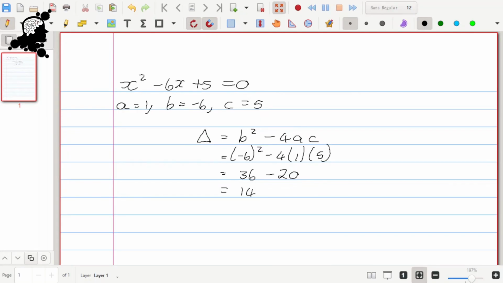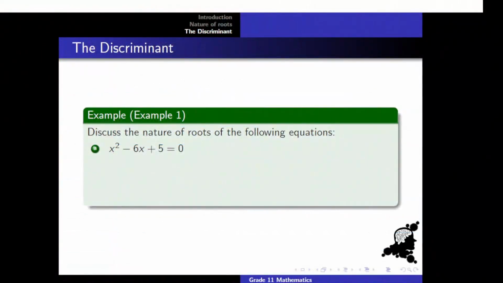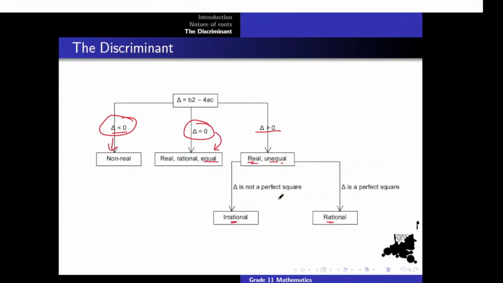Now the question said we need to discuss our nature of roots. Take note that we have a positive number here. So our delta is positive. Our delta is not a perfect square because 14 is not a perfect square. So let's go back to our diagram and actually see what we need to do in the event that we get such an expression. So delta is positive, yes.